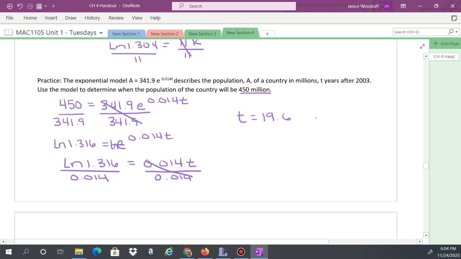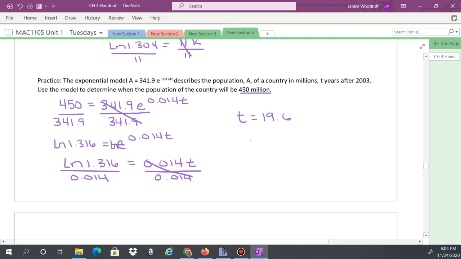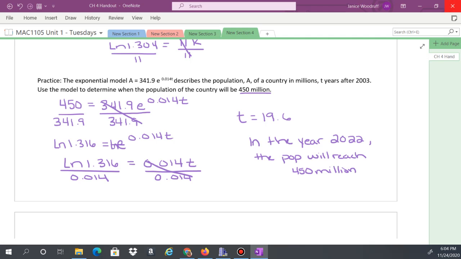So add 19.6 to 2003, so that should be 2022.6. So in the year 2022, the population will reach 450 million. And that's it for 4.5.